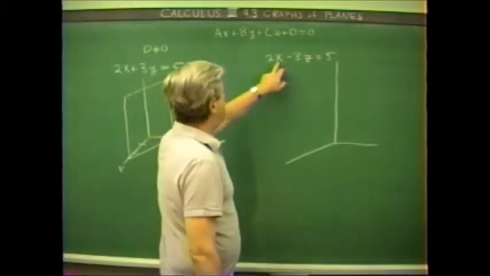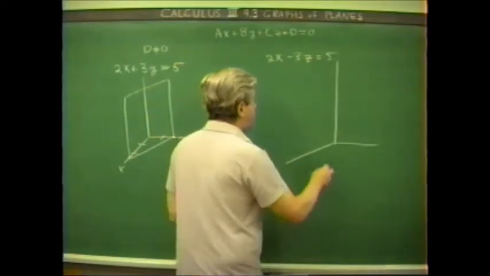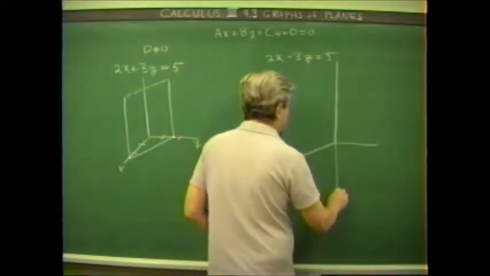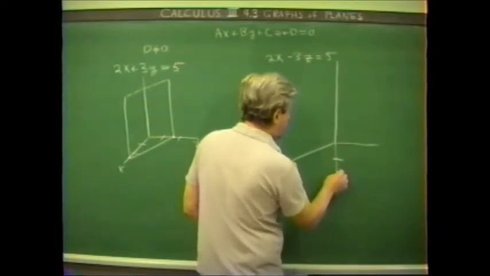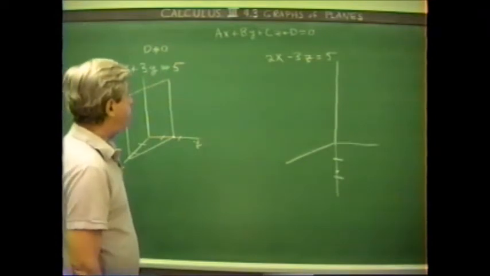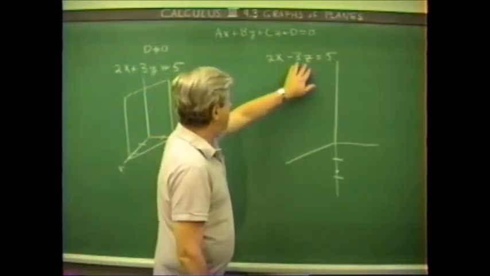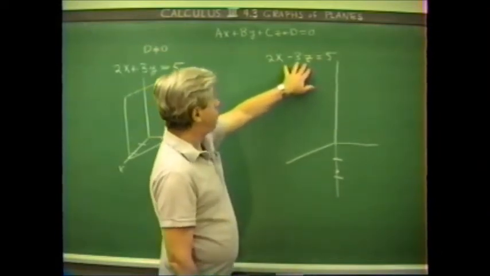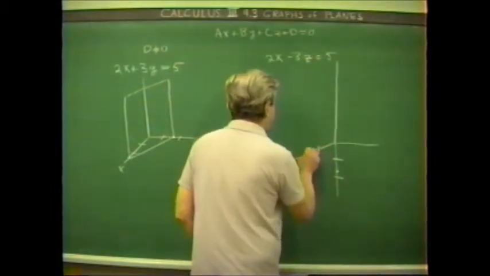Consequently, if we let x equal 0, we get z is equal to minus 5/3. Minus 5/3 is about there. If we let z equal to 0, and y equal to 0, of course, here, then x is equal to 5/2. So that's this point over here.